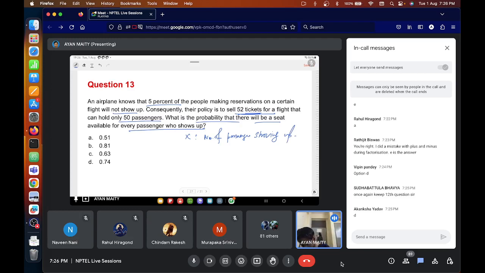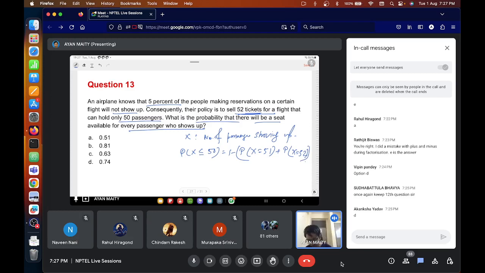We have to find the probability of x less than or equal to 50. If x is less than or equal to 50, everyone who shows up will get a seat. We can represent this probability as 1 minus the probability of x equals 51 plus the probability of x equals 52.